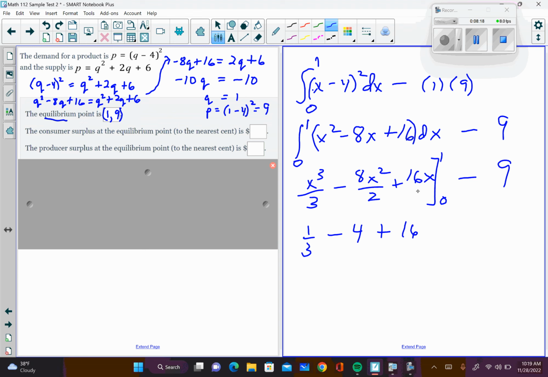And then minus 0, because 0 minus 0 plus 0. So it's 1/3. On my calculator, I'm doing 16 minus 4 minus 9, which is positive 3. 3 plus 1/3 is 3 1/3, which is, in money, $3.33.